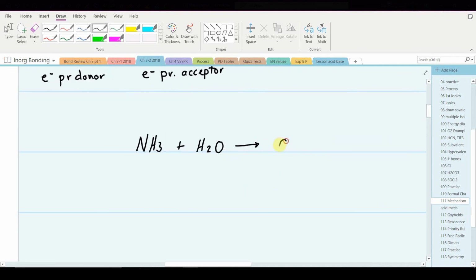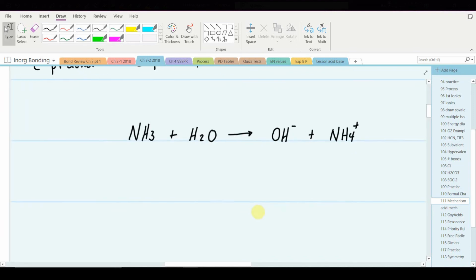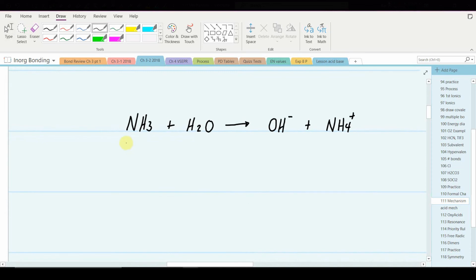Here is hydroxide ion. So that means the water must have lost a hydrogen ion. Where do you suppose it goes? It goes to the base, the ammonia, and forms NH4+. So in this reaction, ammonia is the base, and water is the acid.